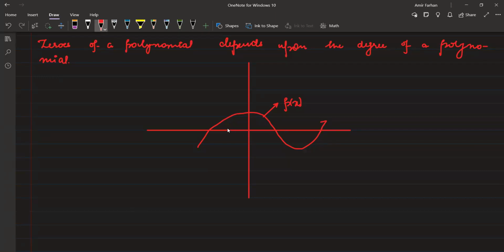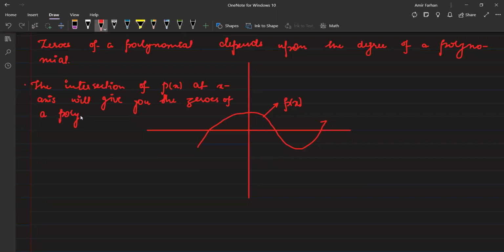How did you find it? The intersection points of p of x with the x-axis will give you the number of zeros. Yes or no? Yes, sir. The intersection of p of x at the x-axis will give you the zeros.